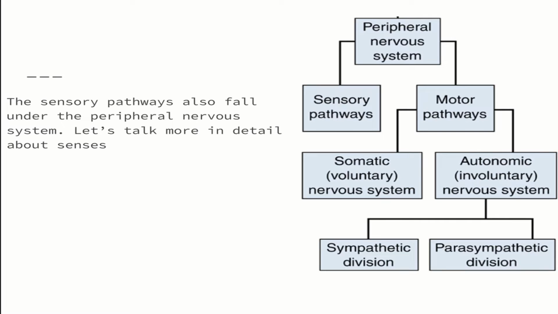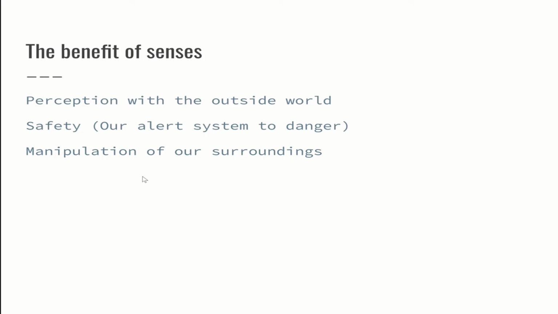So like I said, we are going to talk about the sensory pathways in more detail and focus on each individual sense in our upcoming lectures. But I wanted to give you some overview aspects of the sensory pathways. Starting with the benefits. Why do we even want to have senses? Senses allow us to perceive the outside world.